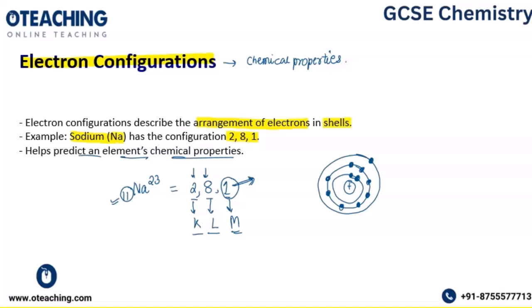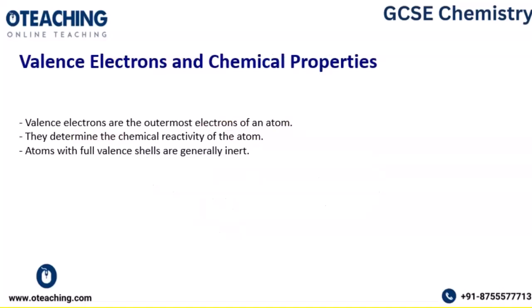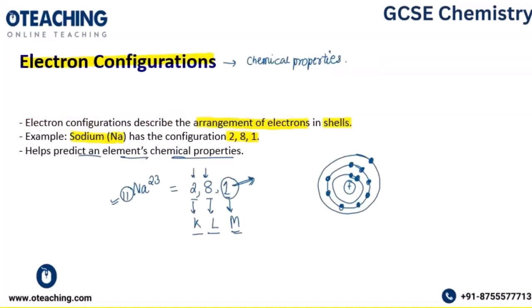Next we have valence electrons and chemical properties. What are valence electrons? Valence electrons are the outermost electrons of an atom. If I talk about sodium, the electron present in the last shell is this electron.